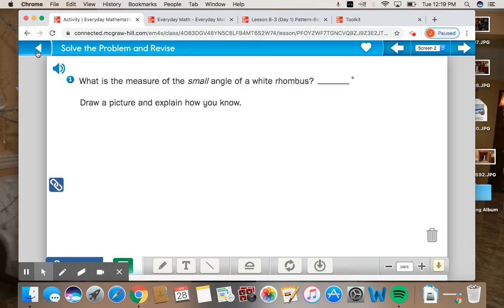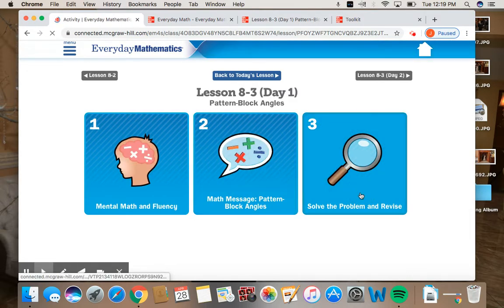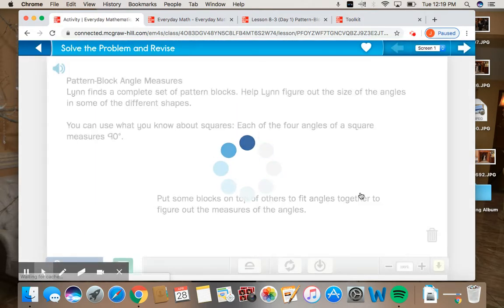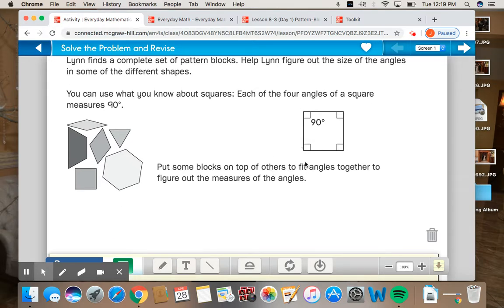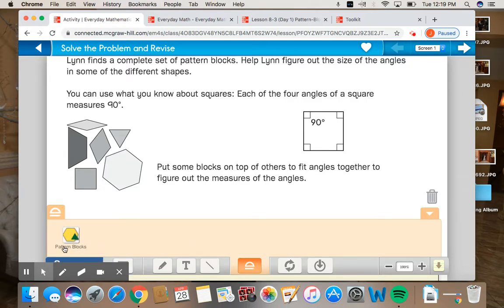So I want to go back and I want to somehow use my 90-degree angle to figure out the measure of the white rhombus. So you'll want to bring up this white rhombus and focus on this small angle.